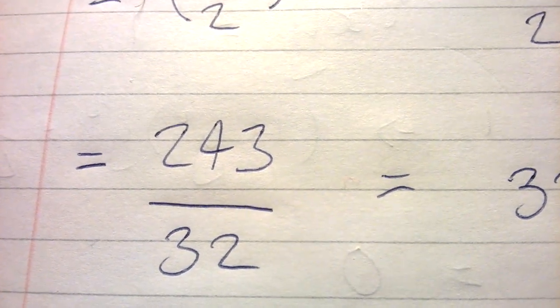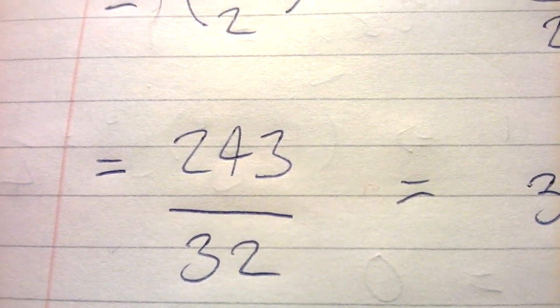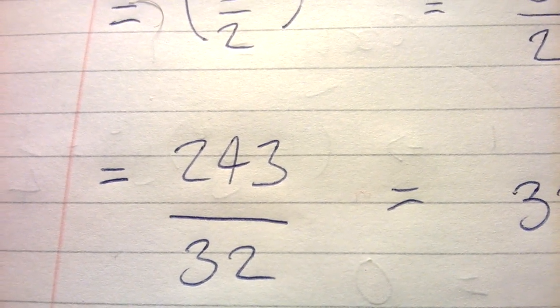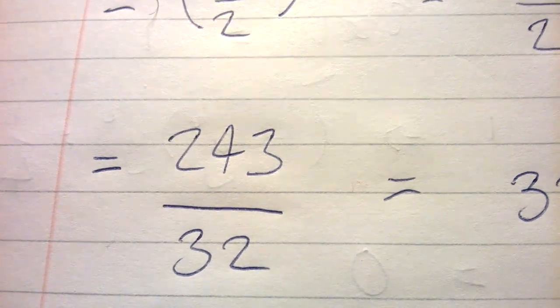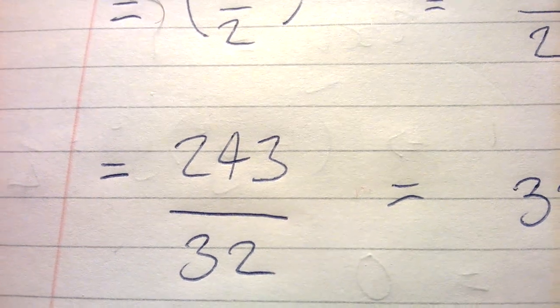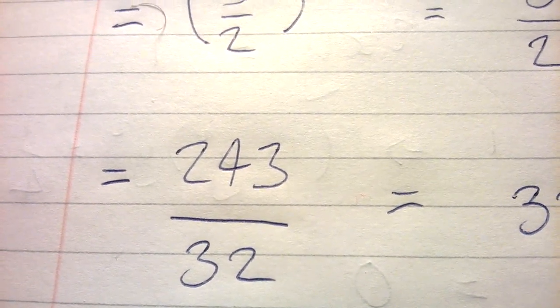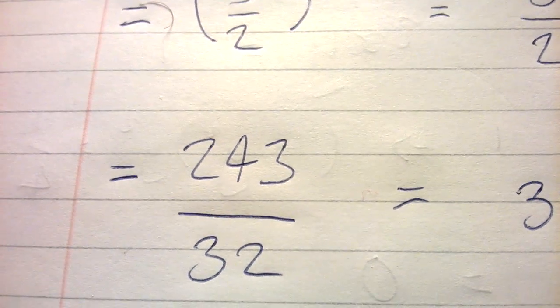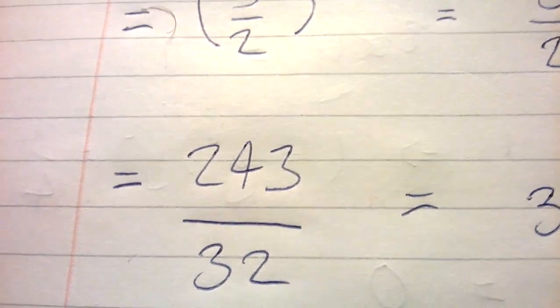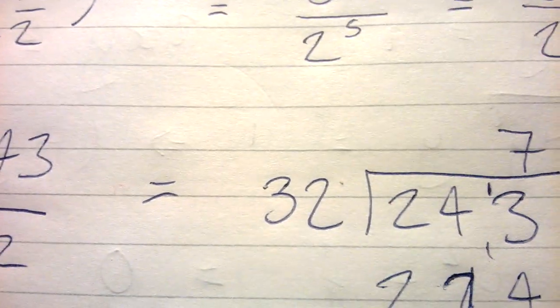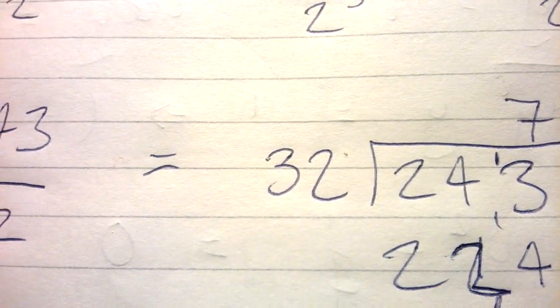So what we want to do now is get it back to its original form, because we started off with mixed fractions, which look tidier. Top-heavy fractions are easier to work with, but they look untidy. So we want to do long division, 32 into 243.